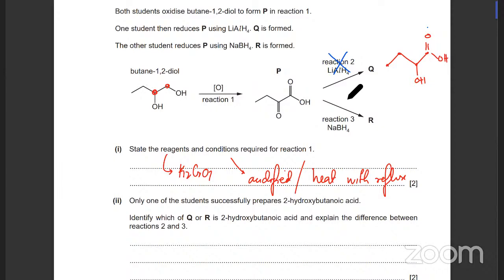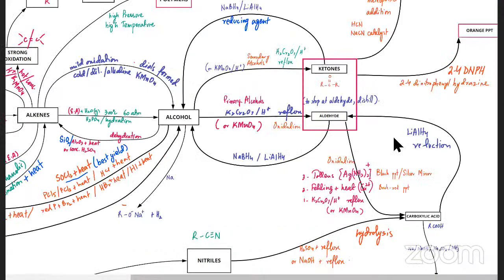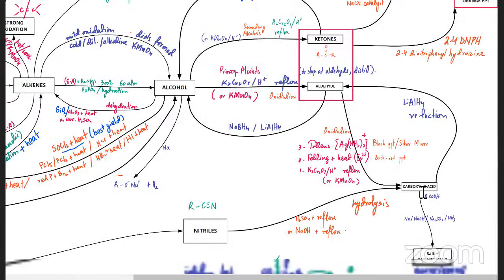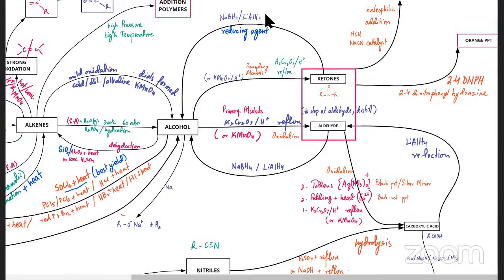The reason is, remember that LiAlH4 will do any type of reduction. It will turn a ketone back to an alcohol. It will turn an aldehyde back into an alcohol. It will turn a carboxylic acid all the way back to an alcohol.